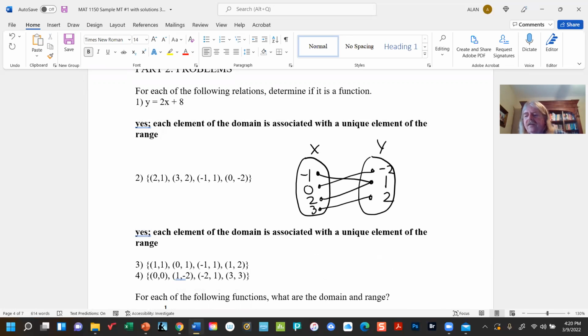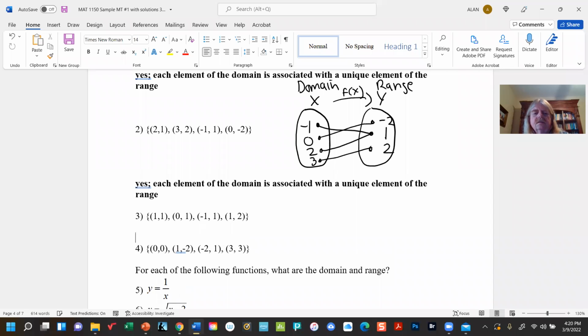And keep in mind too, the way I've written this is the domain. And this is the range. And you can think of this as f of x. Whatever x is, we associate it with a single y.